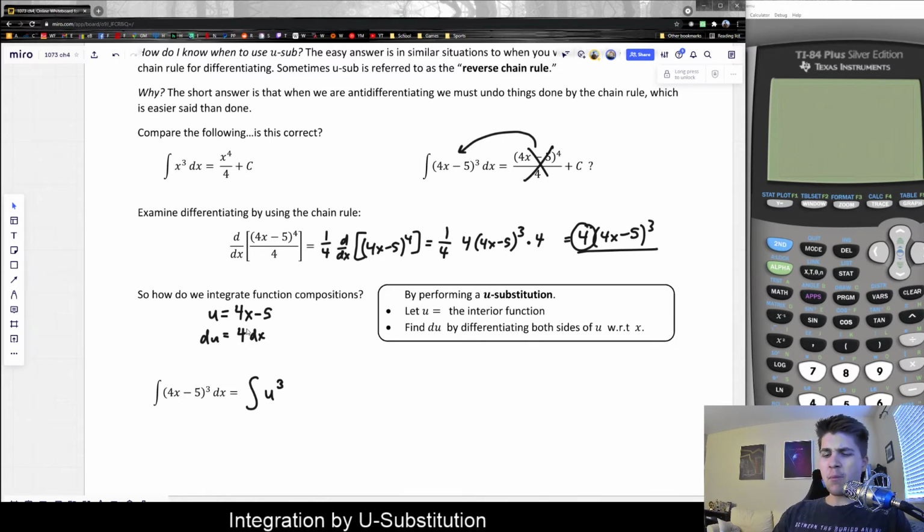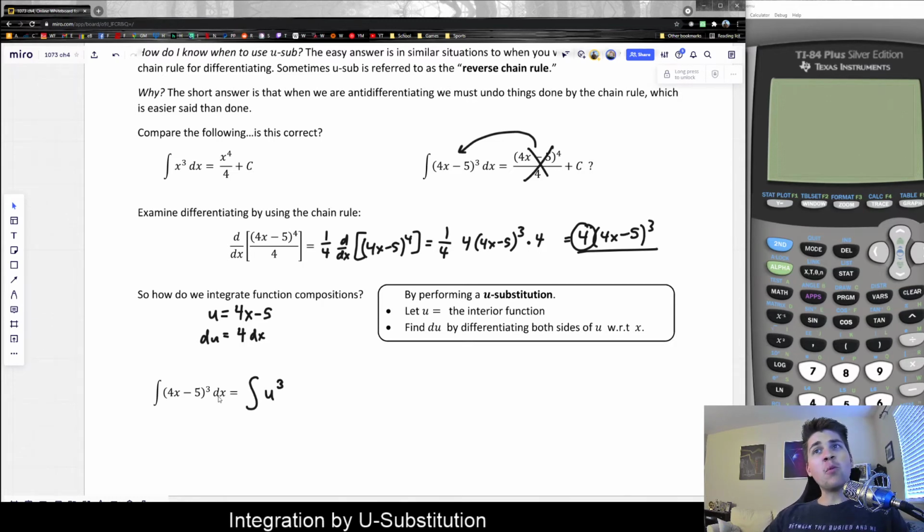Or what you could remember is if you have u is equal to something, du will be equal to the derivative of that something times dx. More simplistically speaking, it's just du dx. Usually we just write the dx on the other side so that we are ready to go.